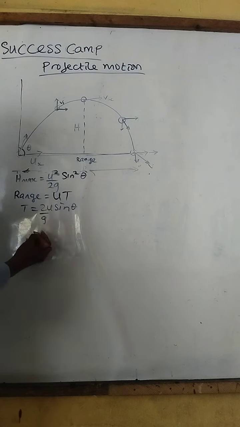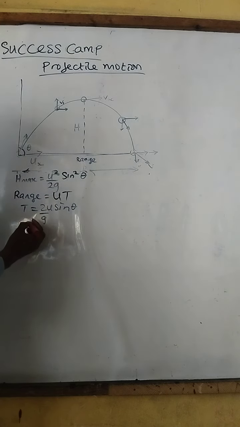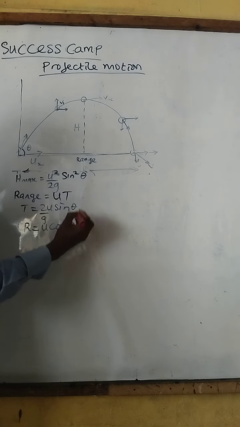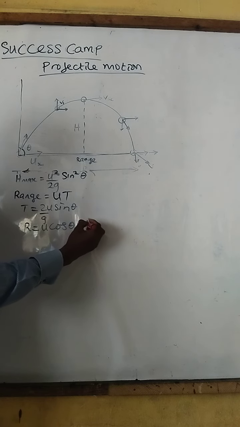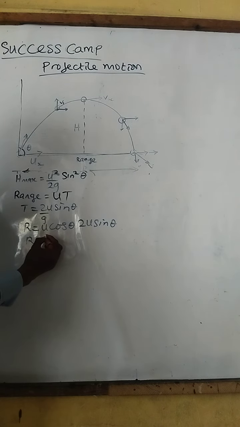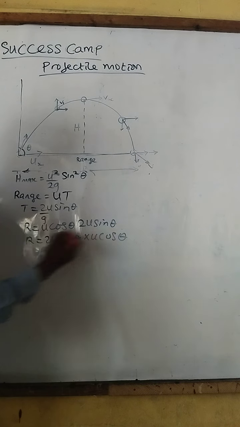Because I've already used sine here, I cannot equate u also to sine. I have to use u as cos theta. So to write my range again, range equals 2u sine theta times u cos theta.